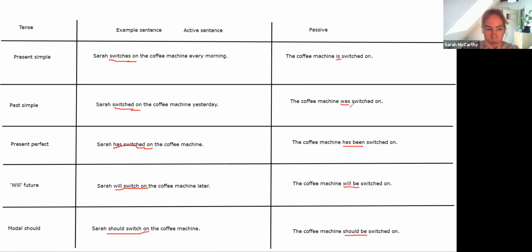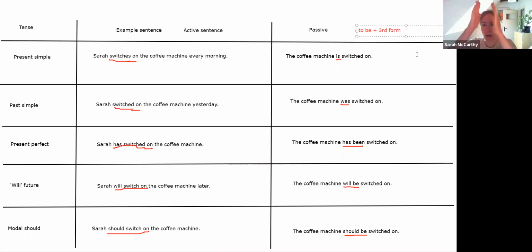Is present simple, was past simple, has been, will be, should be. They're all the verb to be in the same tense as the active sentence, plus what we call the third form. So switched on is the third form.